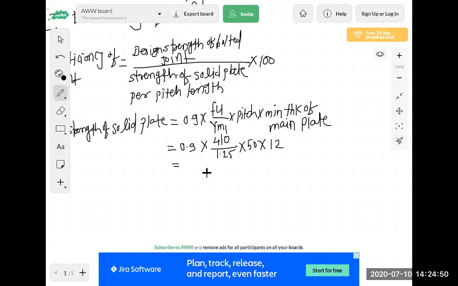Are you getting? So calculate strength of solid plate. We can calculate the strength of solid plate by using this formula. So how much is the strength of solid plate? Please answer me.